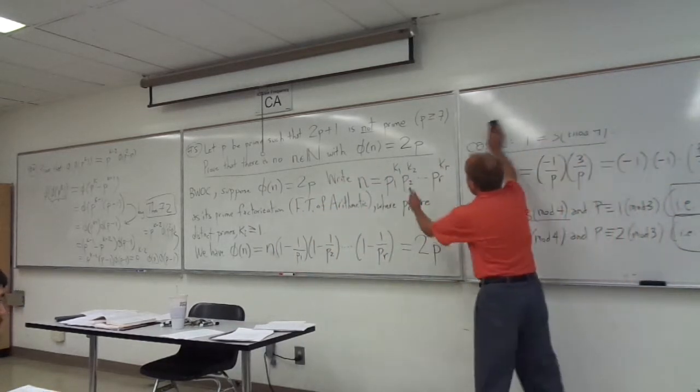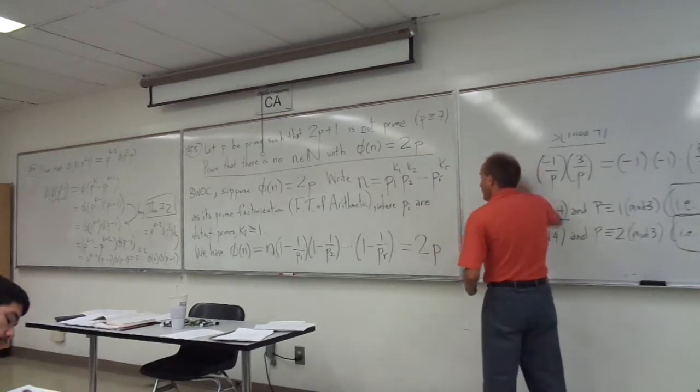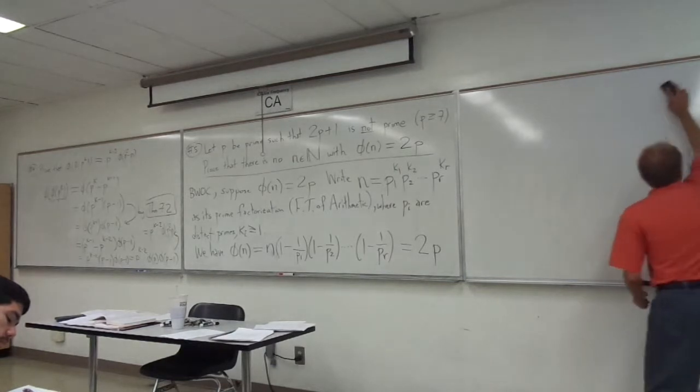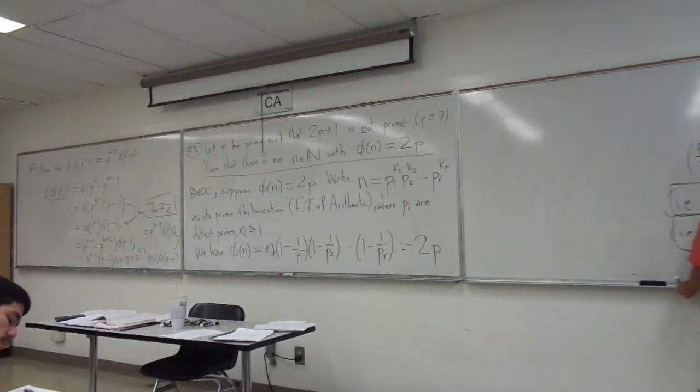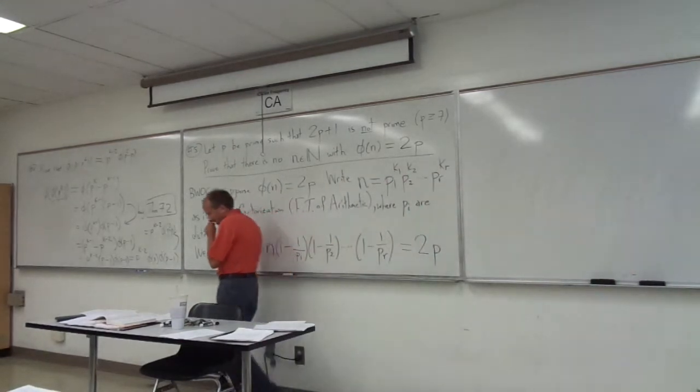But remember that p is at least 7. p is at least 7, right? Okay, can anybody see how we can work with that? Or want to rewrite it, or any ideas? What could we say?